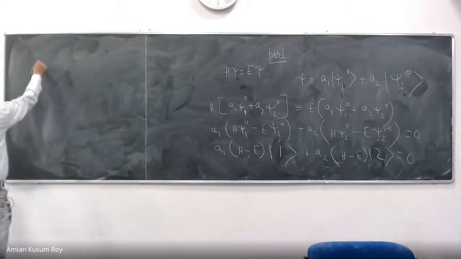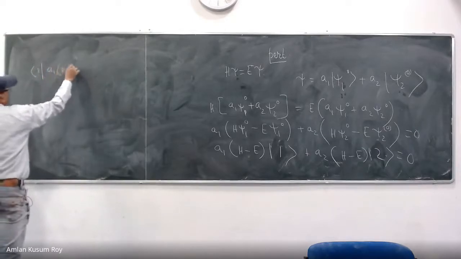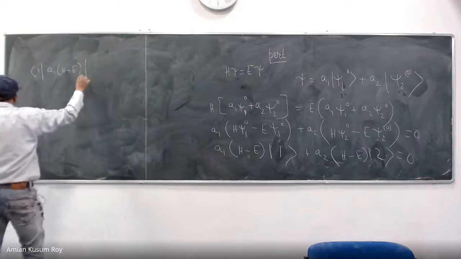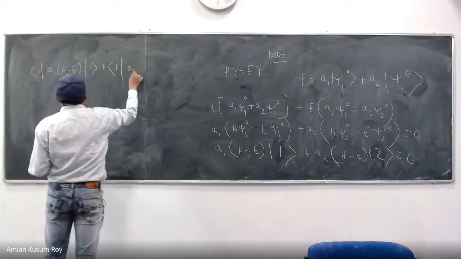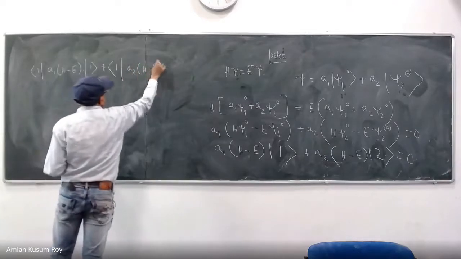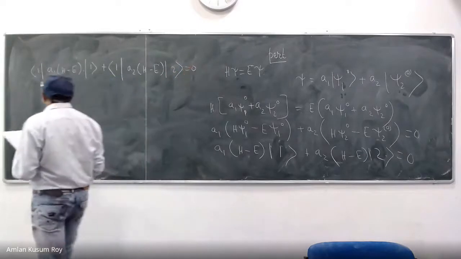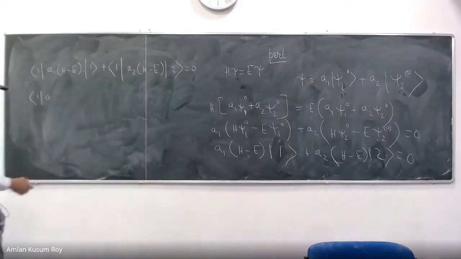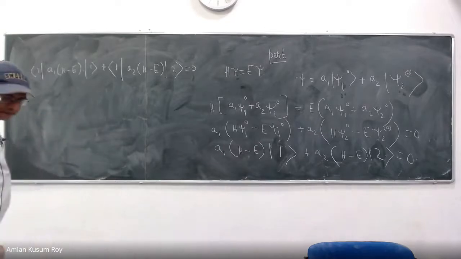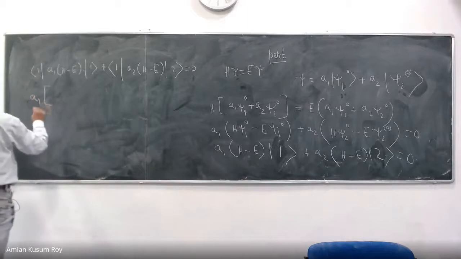So I can write A1 into <1|H minus E|1> plus A2 <1|H minus E|2> is equal to 0. I can bring A1 for my convenience.